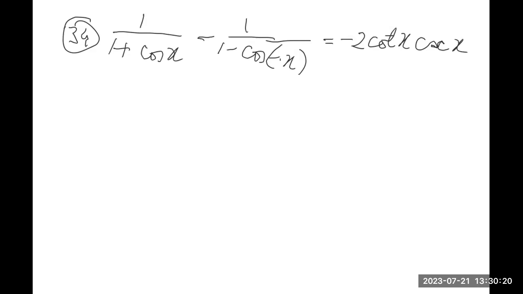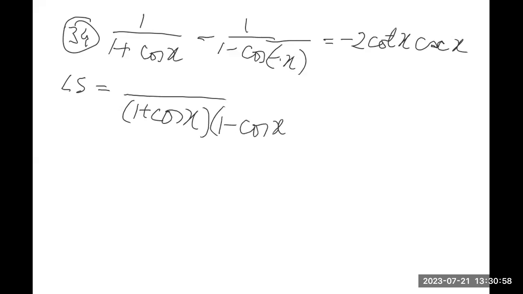So let's start on the left side and combine the two terms there. At the same time, noticing that cosine being an even function, cosine of negative x is the same as cosine x. So we can just drop that negative sign there using a common denominator of 1 plus cosine x times 1 minus cosine x.